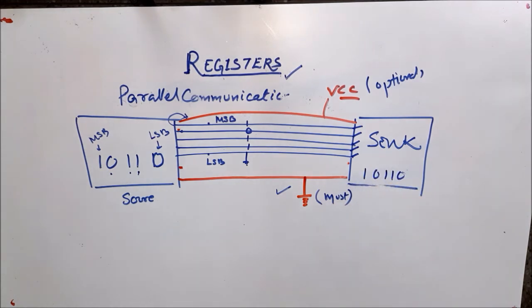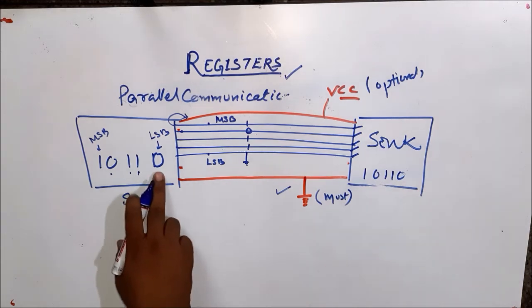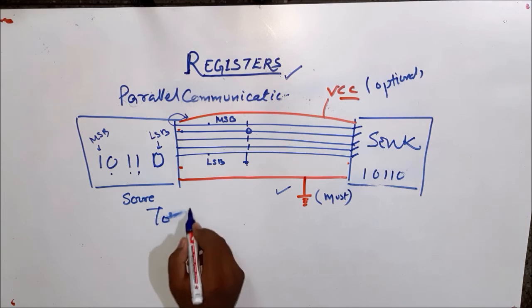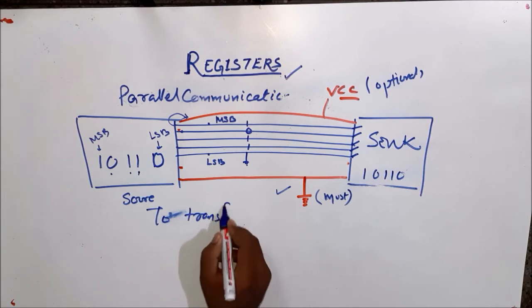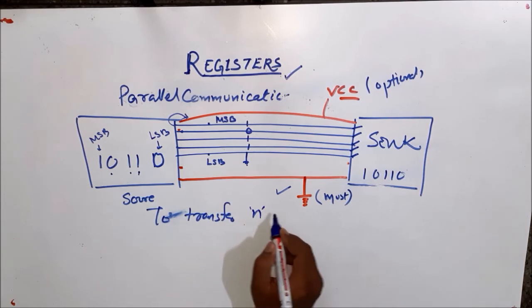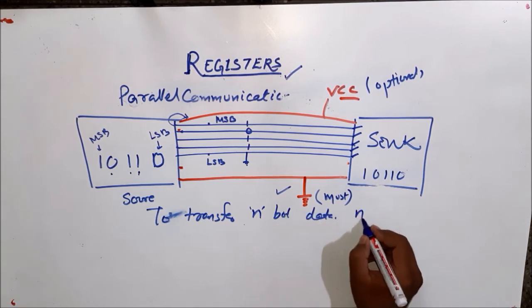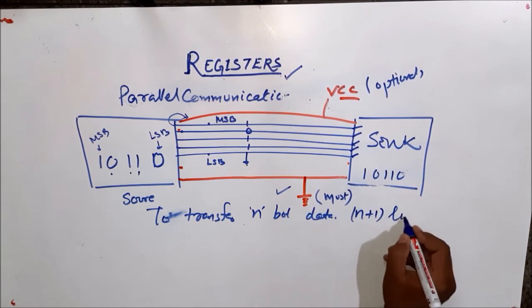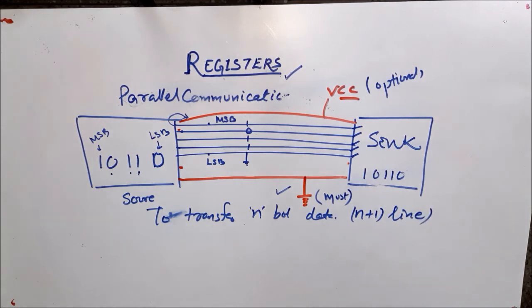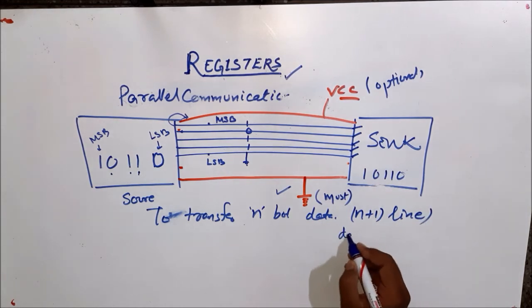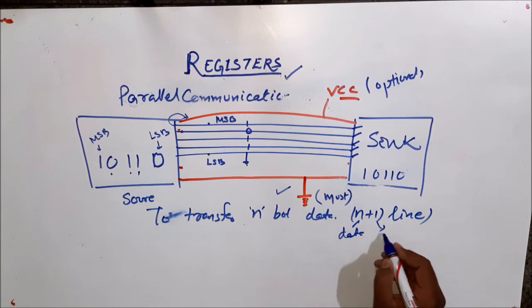Here we do not need to wait some time to transfer one data to another. To transfer n bit data, we need n plus 1 lines: n lines for data and 1 line for ground.